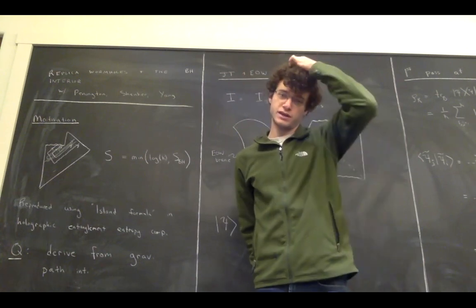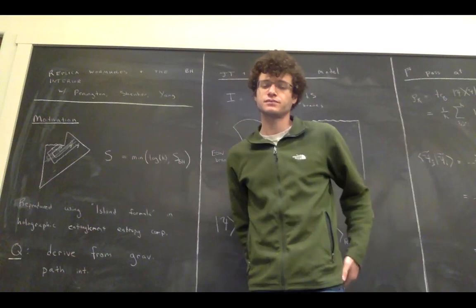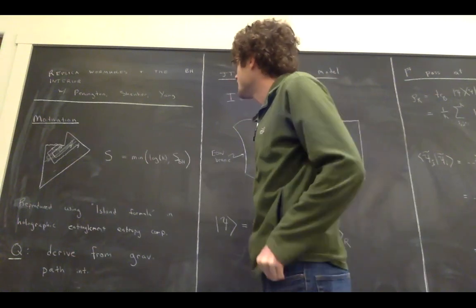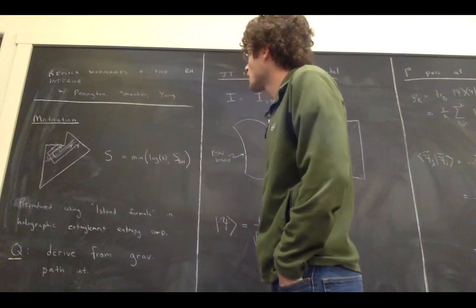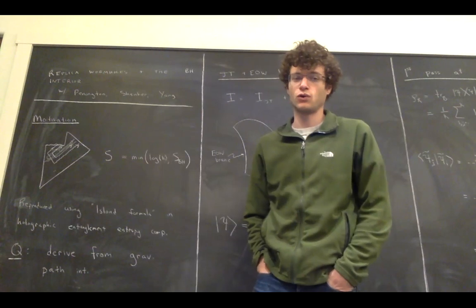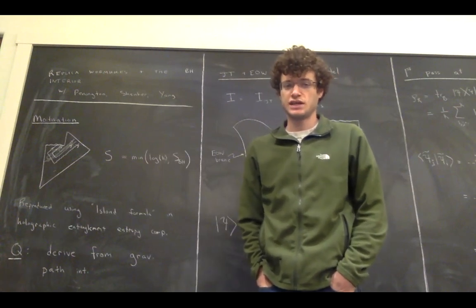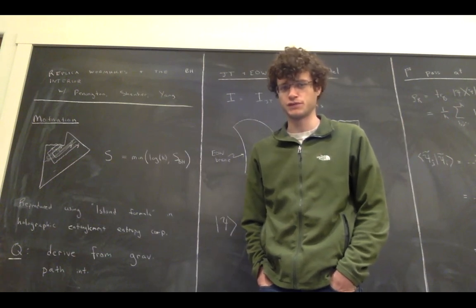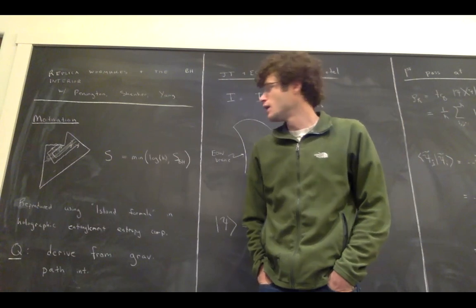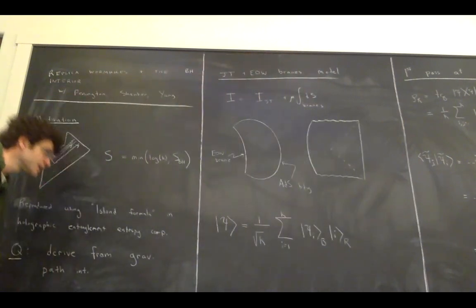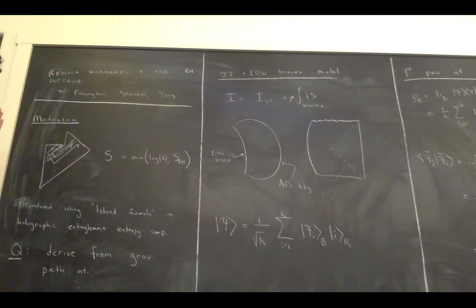So our work is continuing along that line. The motivation is this work on reproducing the Page curve of an evaporating black hole using essentially a holographic entanglement entropy computation, like a souped up version of the Ryu-Takayanagi formula. So let me just review what that situation is.